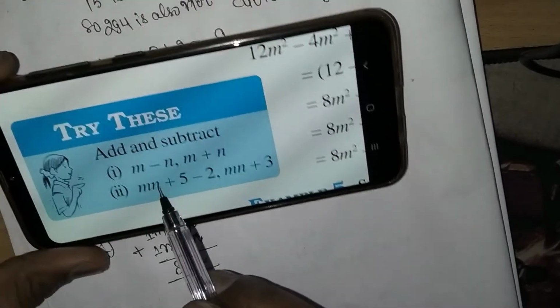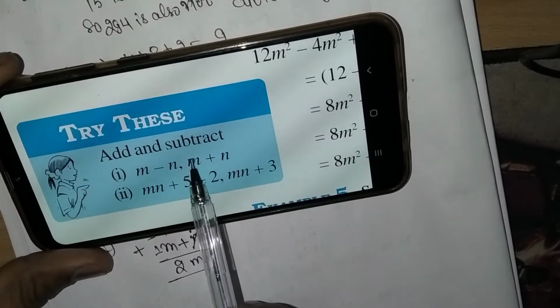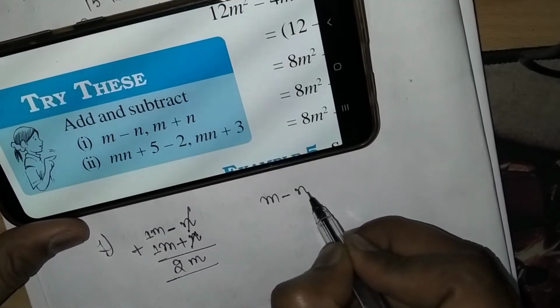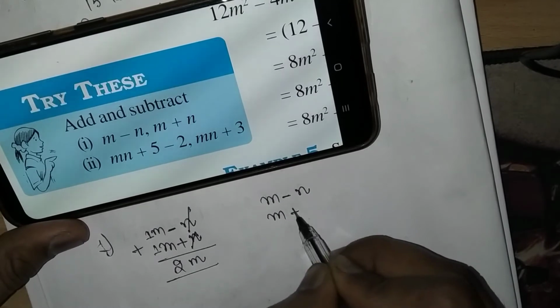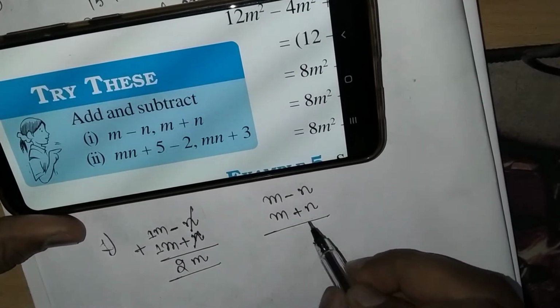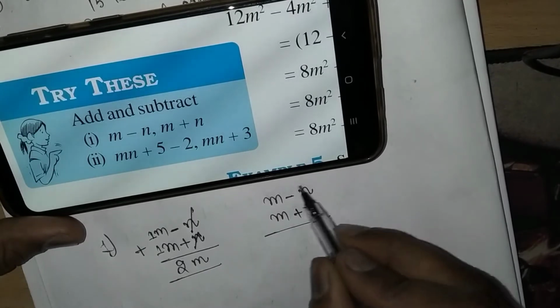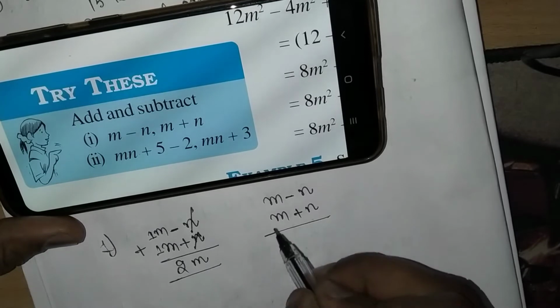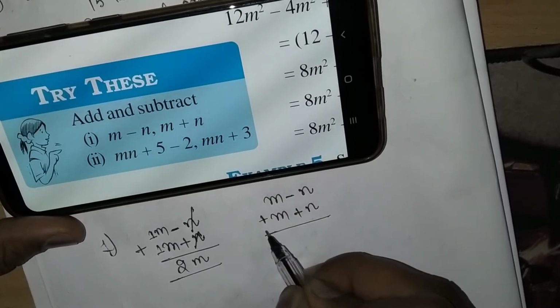Now, as it is told that you need to subtract them also. So, m minus n, m plus n. If we are going to subtract this binomial from this binomial, then you must change the sign. This plus sign will become minus.